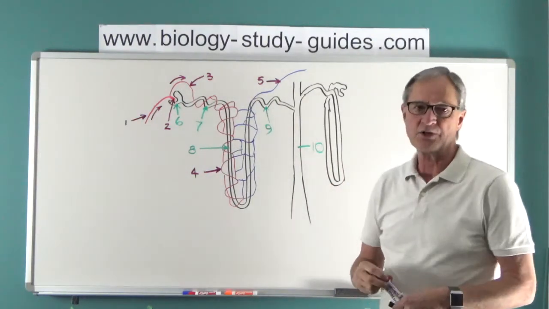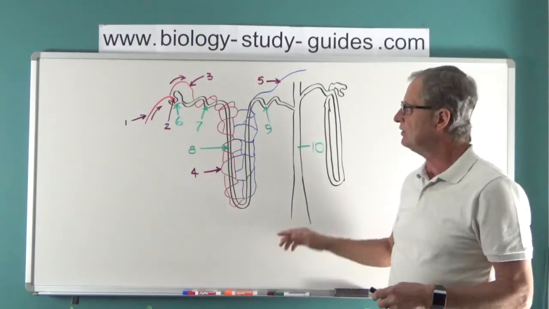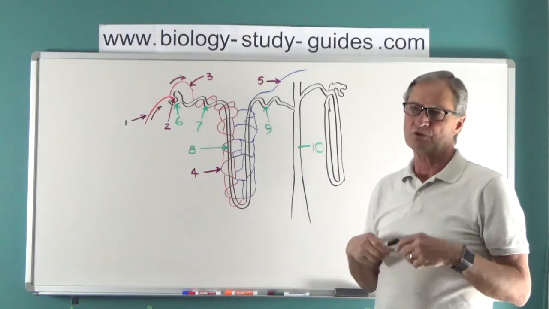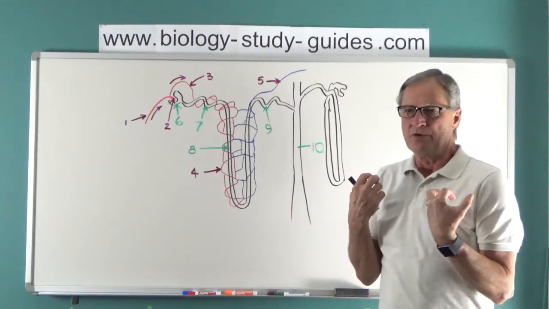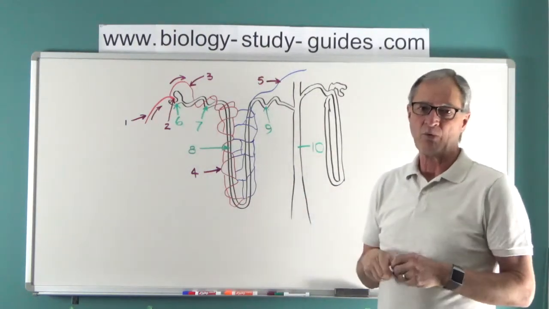The only thing is that your body's needs aren't constant, and you have to have a way to make adjustments to how much urine is being formed and so on. So just for example, if you're really dehydrated, you're not going to be generating a lot of urine because you can't afford to lose that water.